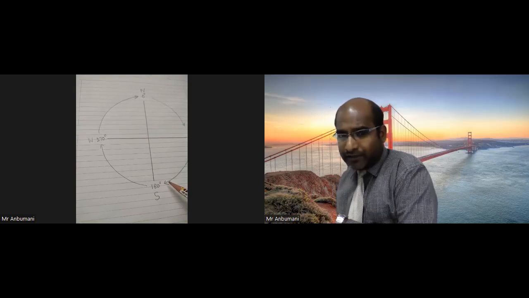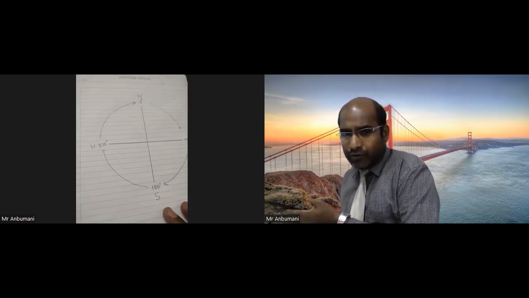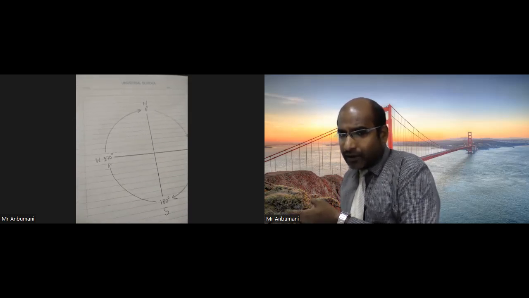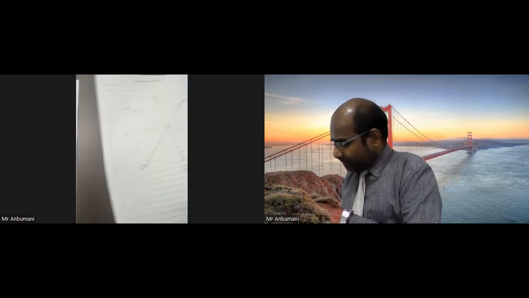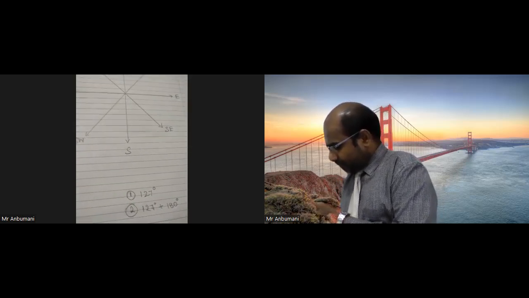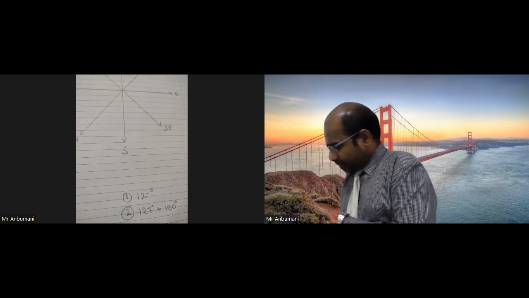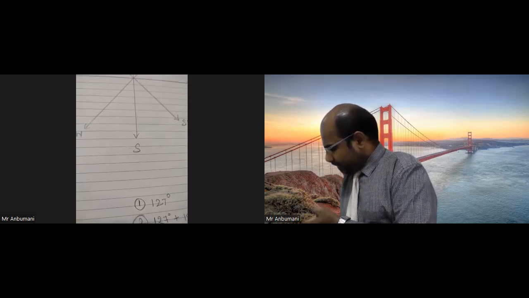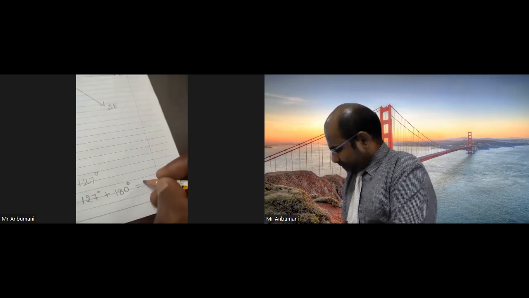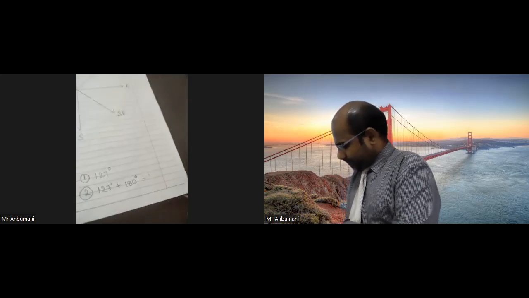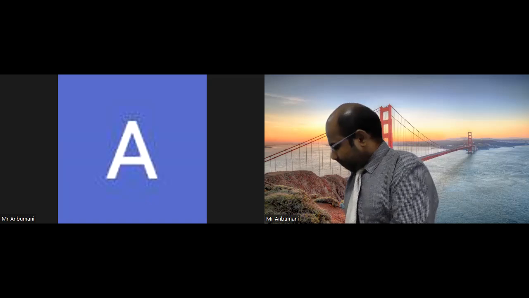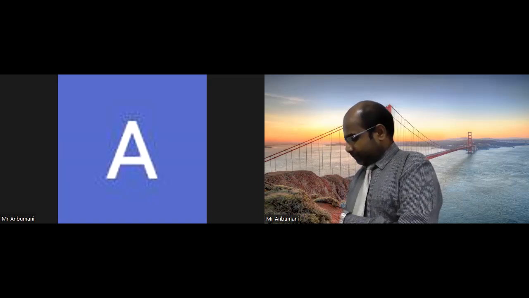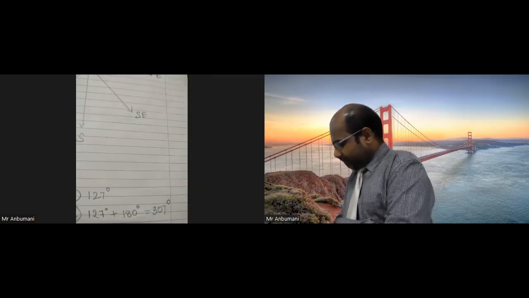So I hope you are getting it. We got 127 degrees as the answer, and we have to add it to 180 degrees. So 127 plus 180 is 307. 307 degrees is the answer.